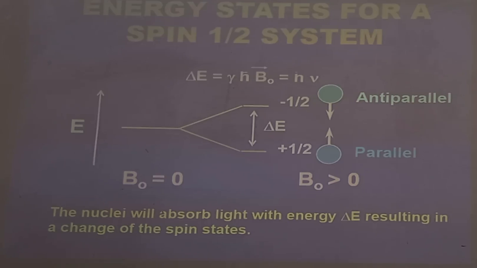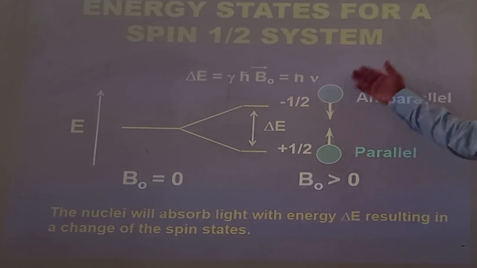On the other hand, B naught is also directly proportional to the Larmor frequency. For resonance to take place, Larmor frequency has to be equal to the radio frequency. So if B naught is higher, Larmor frequency is higher, so you have to provide a higher frequency radiation to match it with the Larmor frequency. All of them have a direct relationship with each other.